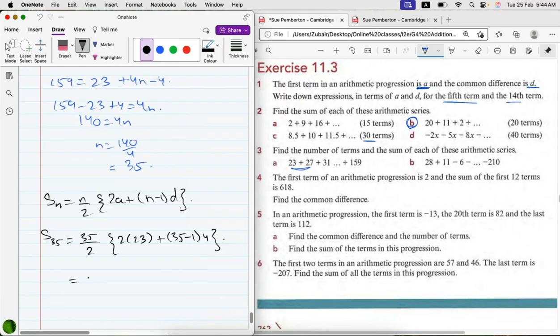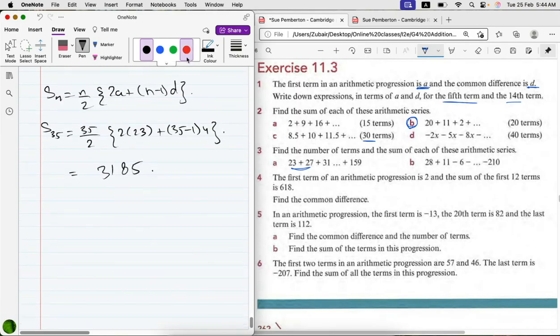That times 35 divided by 2 is 3185. We could have used one more formula, Sn equals n by 2 into a plus l, the first term and last term. So for 35 terms, this is 35 by 2, the first term is 23 in this case, and the last term is 159.